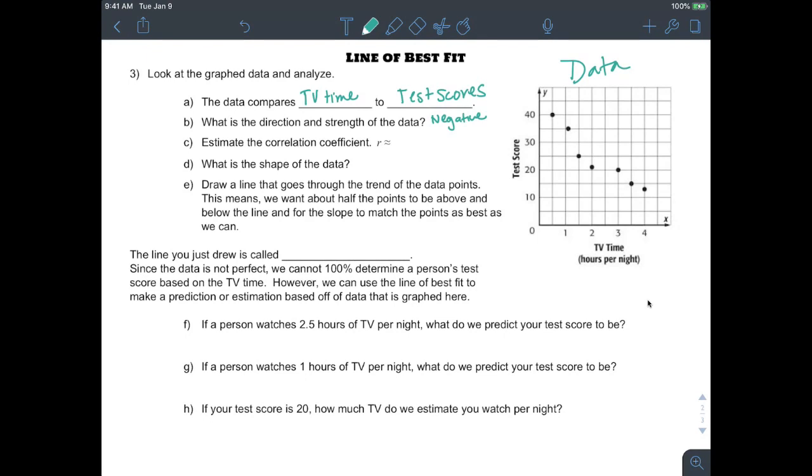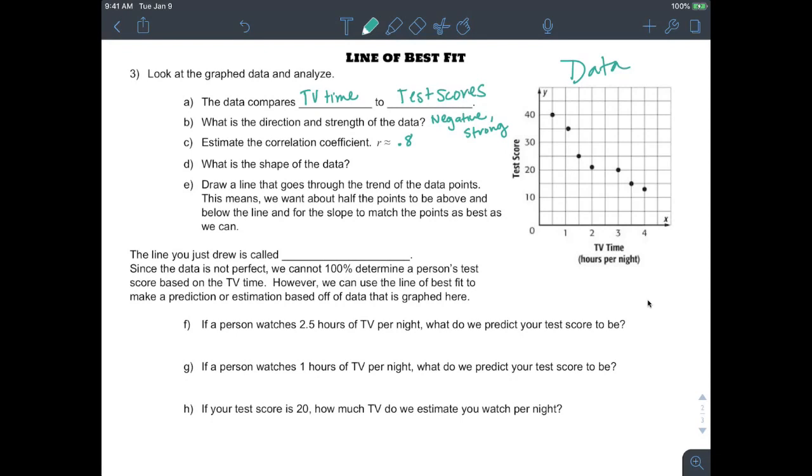And the points are pretty close together, so I'm going to say that it's strong. Though we could make an argument that it's in between strong and weak, kind of medium. So estimate the correlation coefficient. I'm going to say it's like 0.8. So kind of on the verge of being weak.